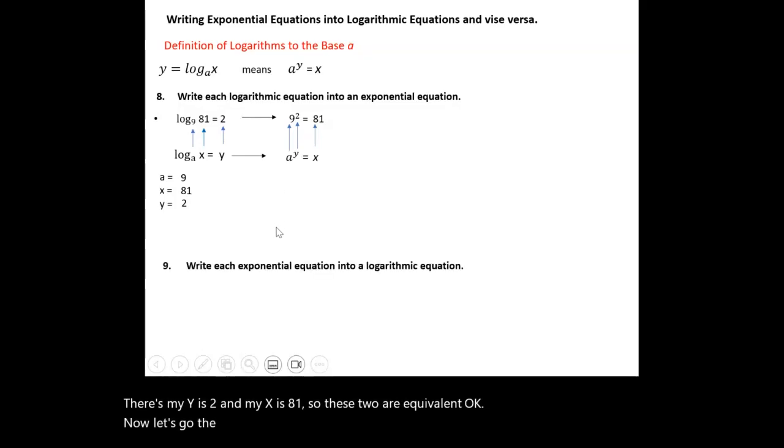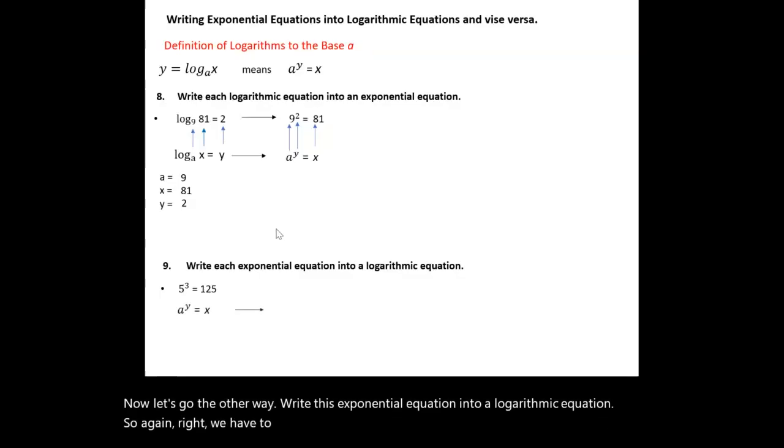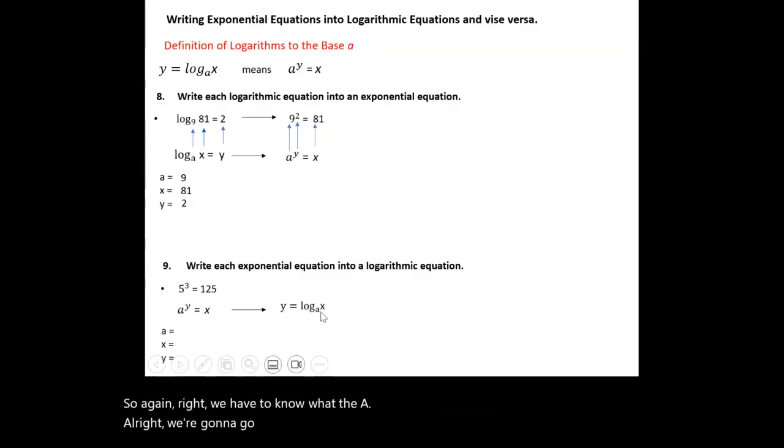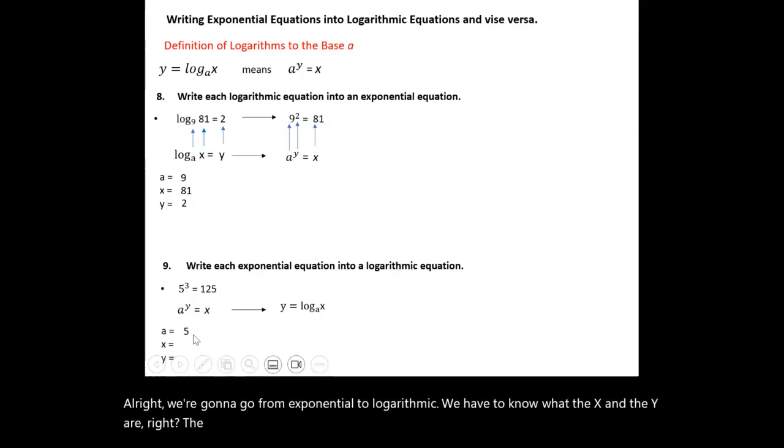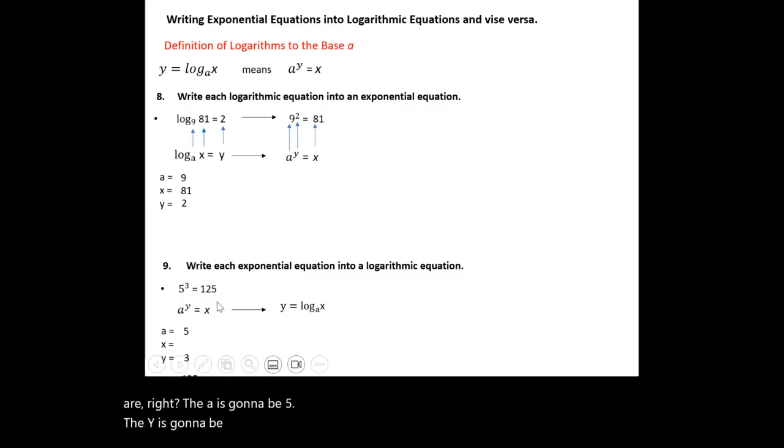Now let's go the other way. Write each exponential equation as a logarithmic equation. So again, we have to know what the a, the x, and the y are, right? So we're going to go from exponential to logarithmic. The a is going to be 5. The y is going to be 3. And my x will be 125.